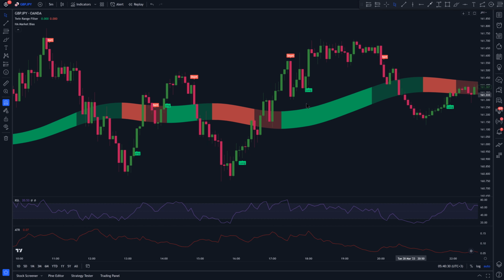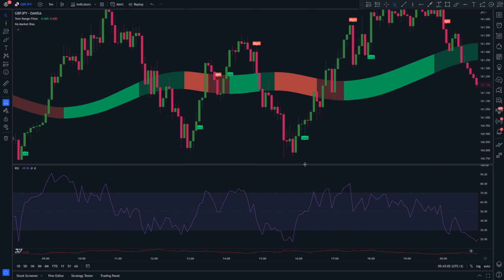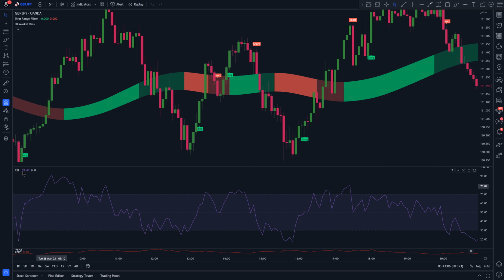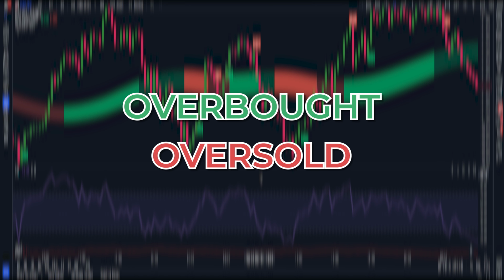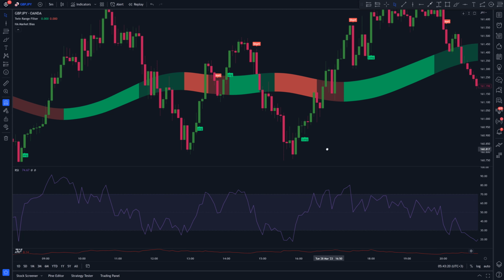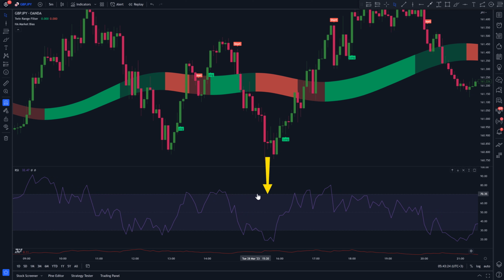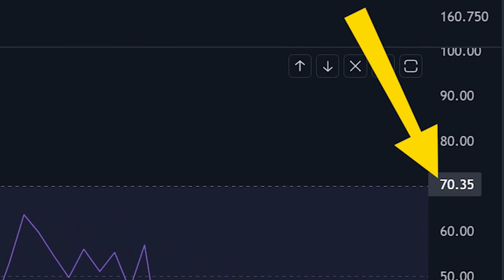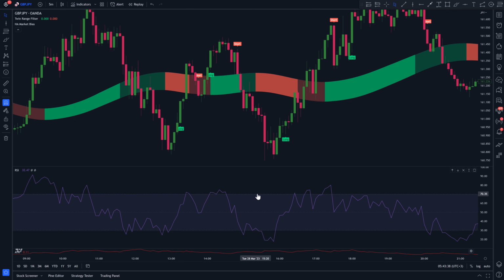Now, how are we going to trade using these indicators? Well, let's start with the RSI. We all know that the RSI indicator is used to identify overbought and oversold conditions in the market, and that is exactly how we're going to use it to trade. This top horizontal line is the RSI upper band, and it's at the 70 level of the RSI scale. This bottom horizontal line is the RSI lower band, and it's at the 30 level of the RSI scale.